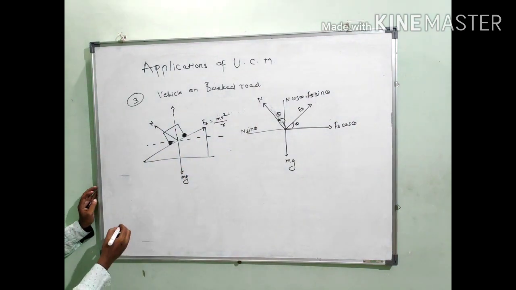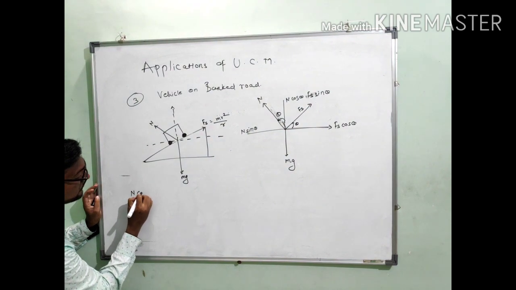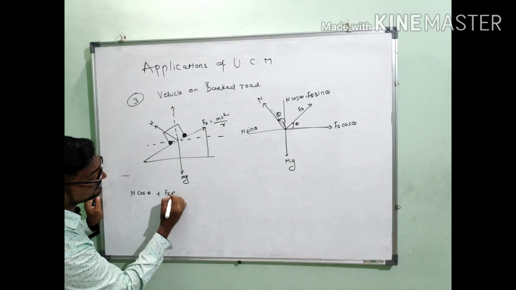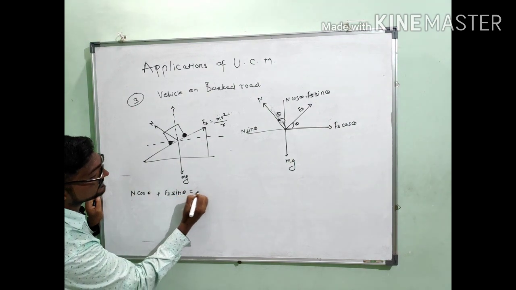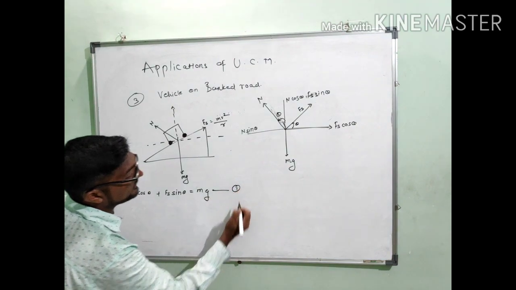First, in the y direction: N cos theta plus Fs sin theta is equal to mg. This is equation number 1.